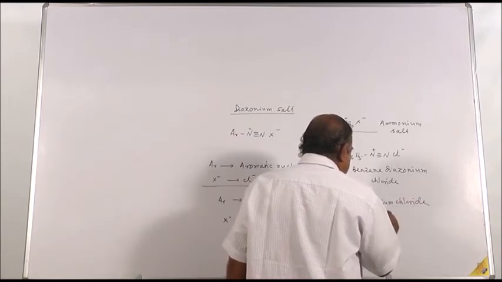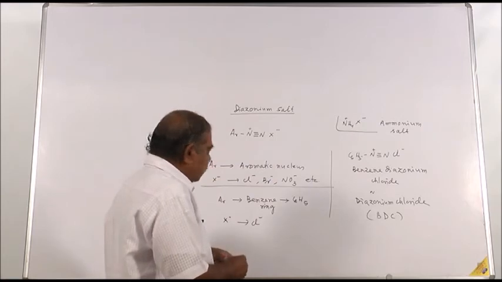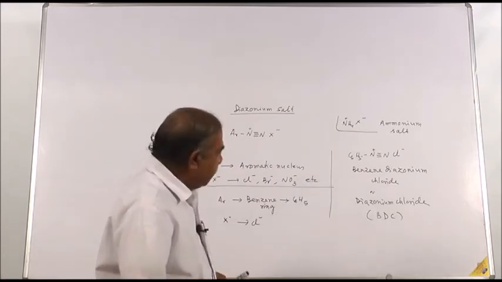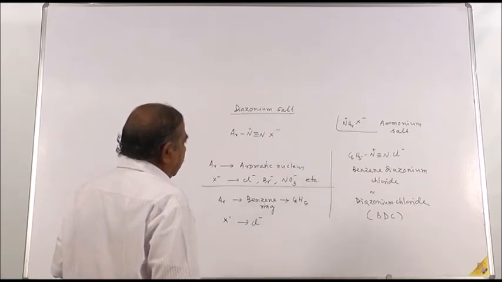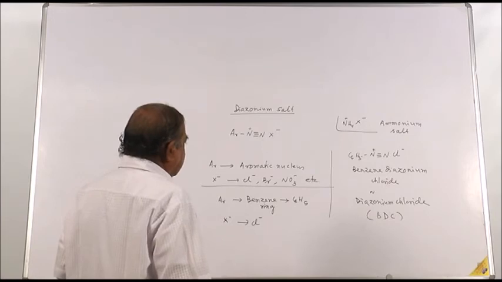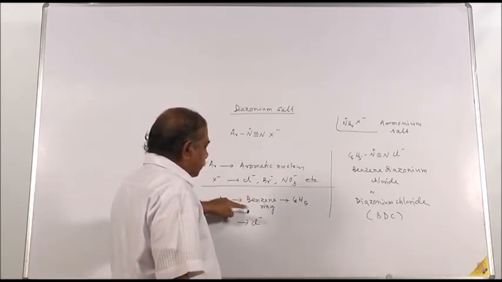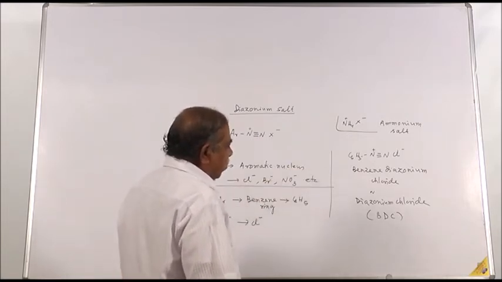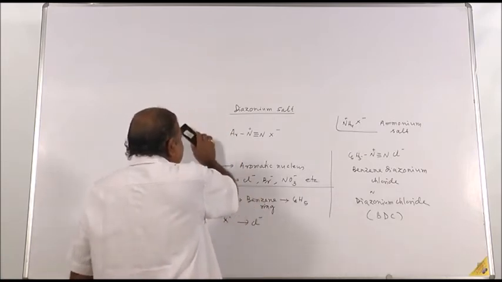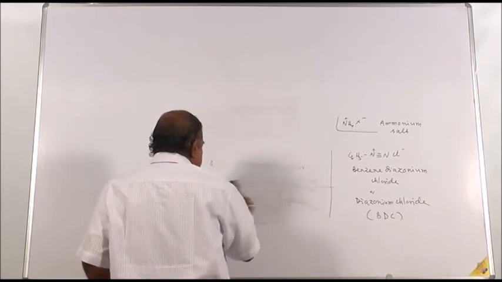Sometimes it is abbreviated as BDC, benzene diazonium chloride. So, an organic compound having general formula Ar N triple bond N X minus is called a diazonium salt, which has similarity with the ammonium salt. When Ar, that is the aromatic nucleus, is a benzene ring and X minus is Cl minus, we get benzene diazonium chloride, or simply diazonium chloride. Sometimes we call it BDC in short.